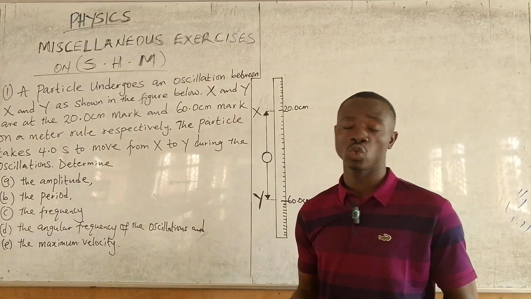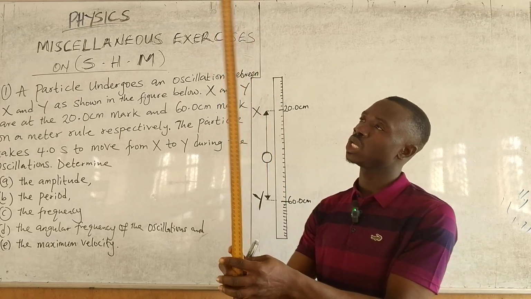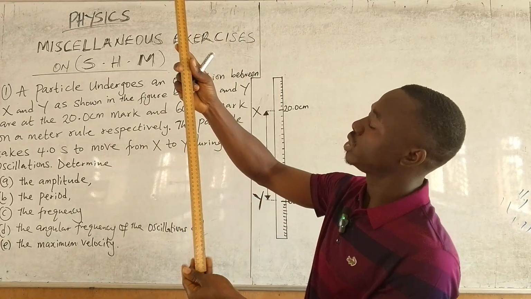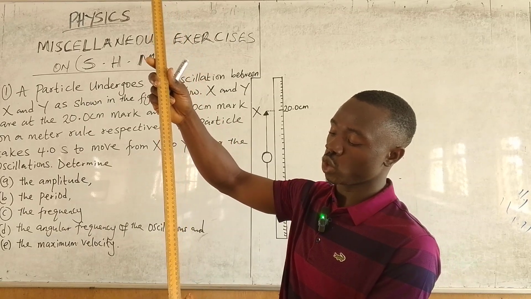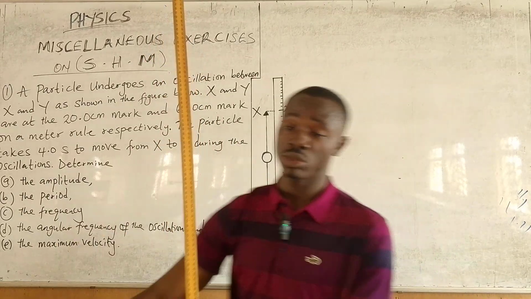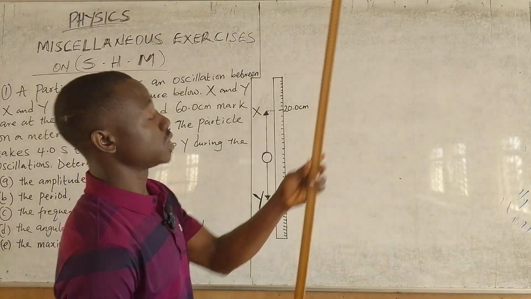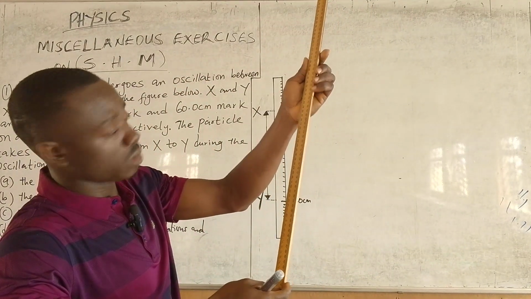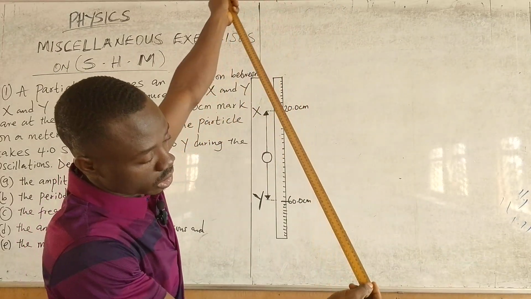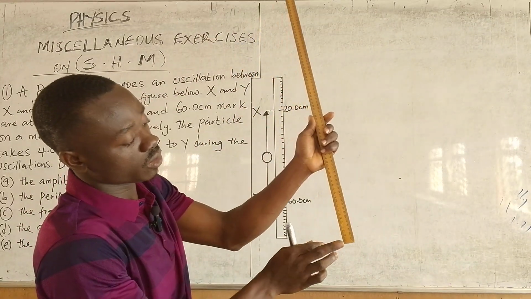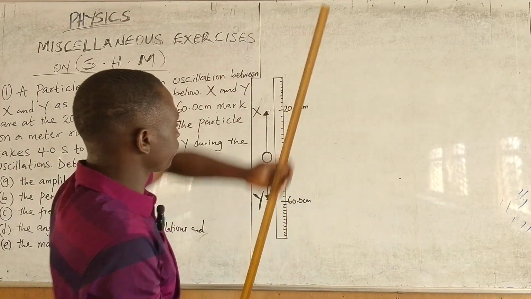A meter rule is 100 centimeter long. So as you can see, we have 0 to 100, from here to here, okay?